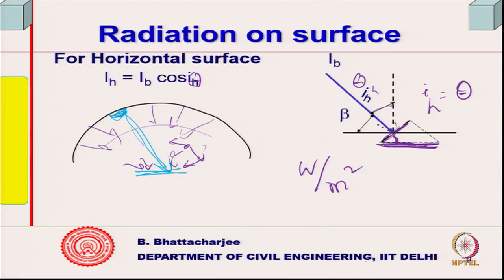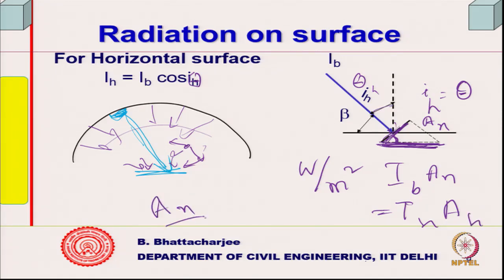If this is the normal area A_N, then I_B times the normal area is the total intensity coming, and that must equal I_H times the horizontal area. The normal area by the horizontal area is nothing but cos of I_H, right. So, I_H is equal to the incident angle in this particular case.